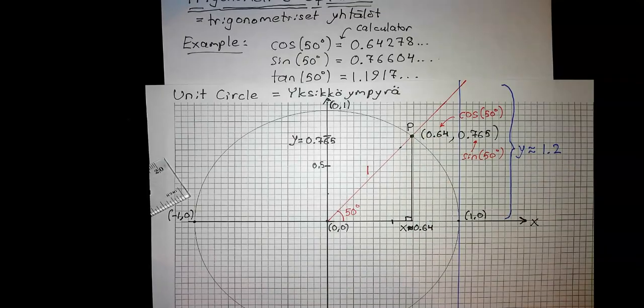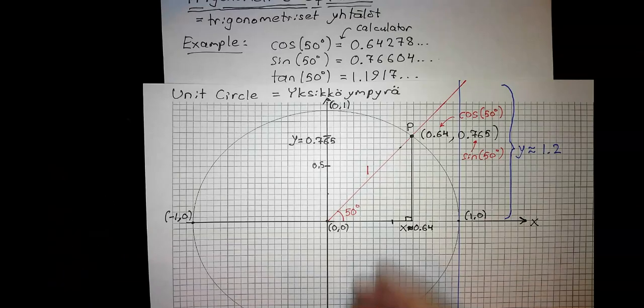So that means that cosine and sine have a period of 360 degrees. And that is important to notice when we are solving equations where we have either sines or cosines.